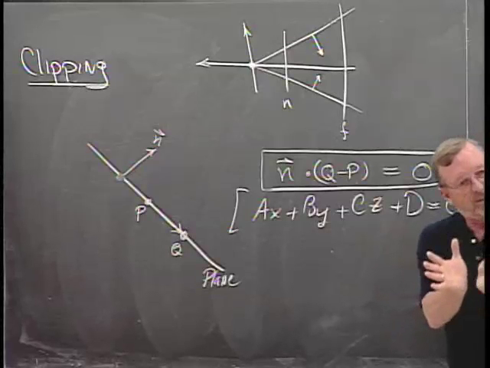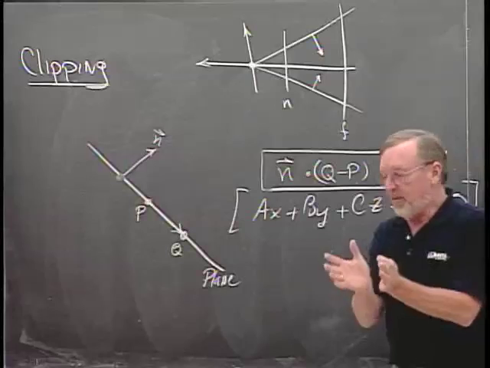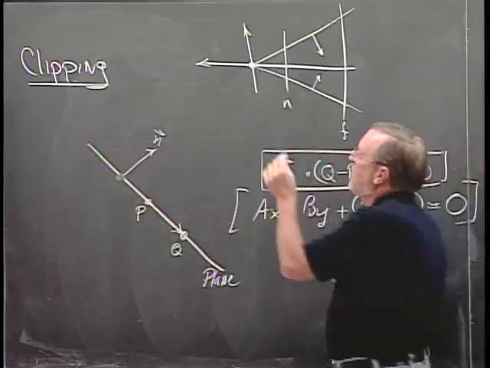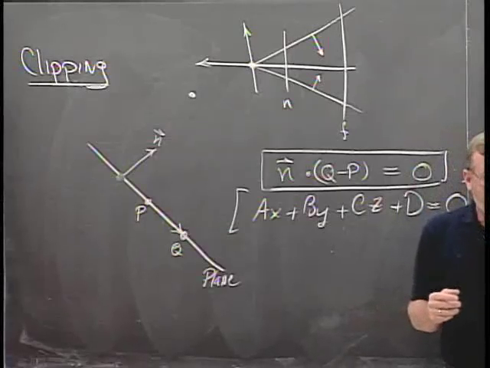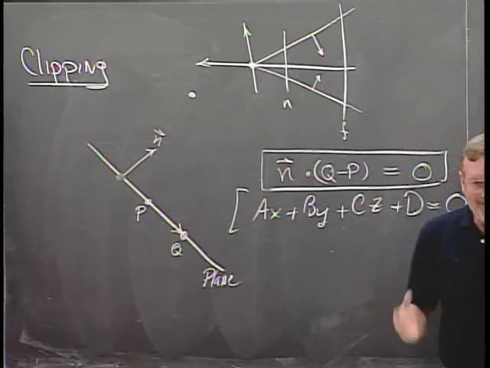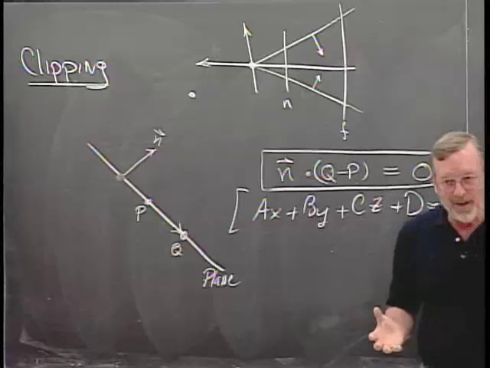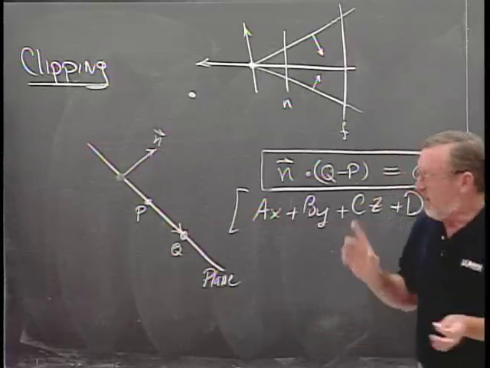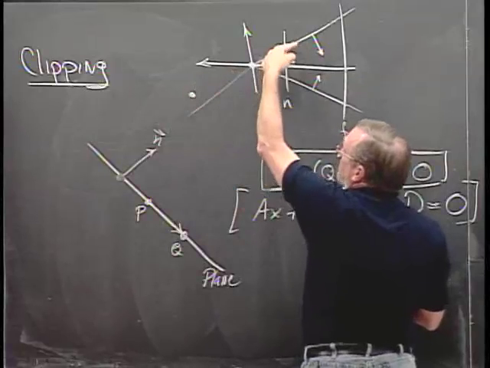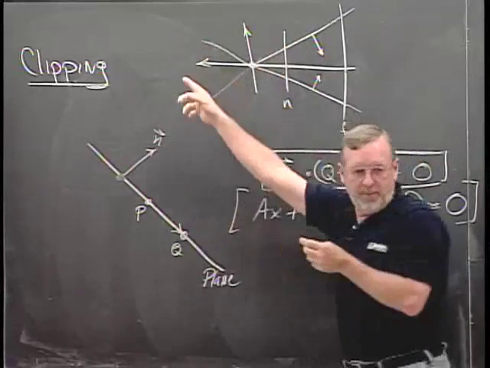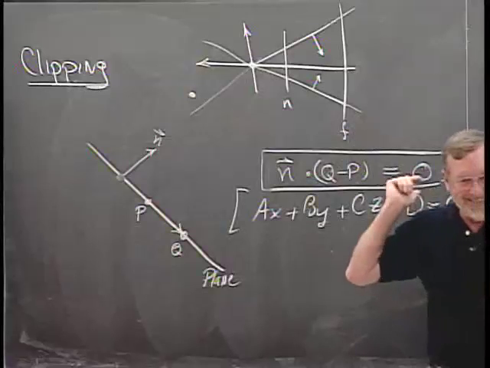Now, a really nice side effect of doing this clipping 4 different times is that if there's a point out here behind me, it's going to be out on at least one of those planes. For example, on this one. No matter what happens, that point's going to be out.